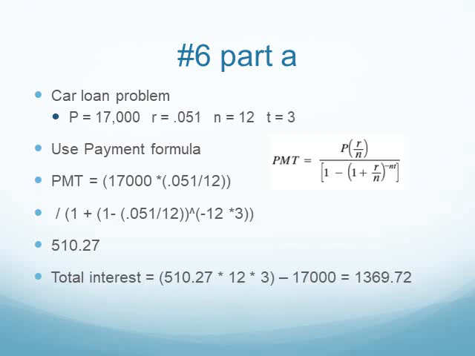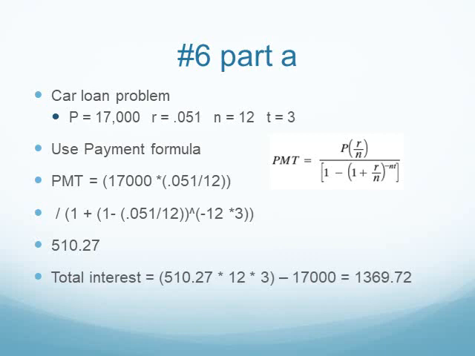And then I do parentheses 1 plus, parentheses 1 minus, parentheses 0.051 divided by 12. Close it twice because I want to raise this whole section here to the negative. Don't forget negative. And you can type 36 or 12 times 3. Doesn't matter. Just make sure it's negative. Okay? Close again.